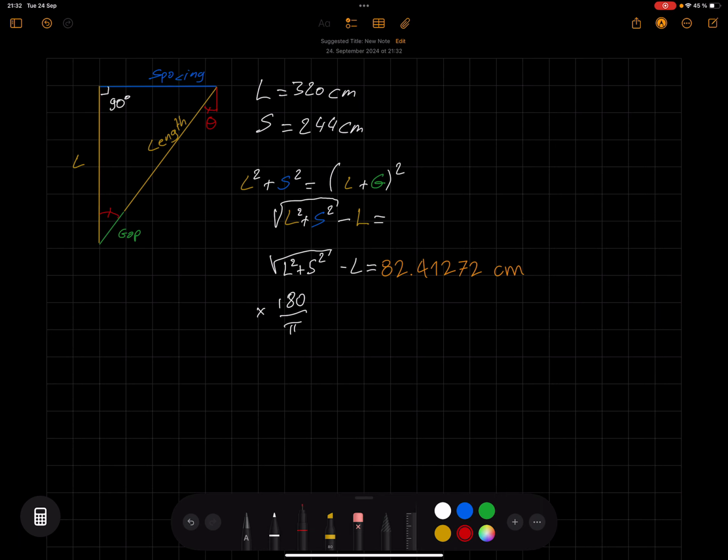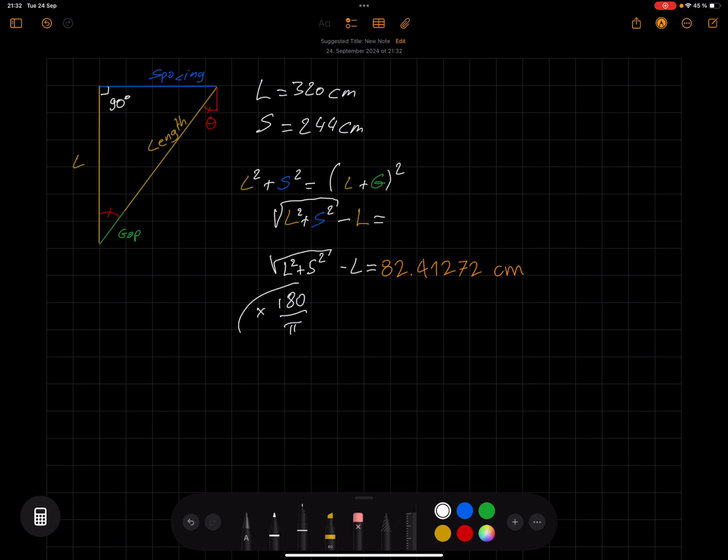And I want to be independent from the gap and to have the angle of swing at the minimal gap, the minimal distance. So I will use a tangent, and so the opposite of the tangent is the arctangent to get an angle, and I want this angle in degrees.